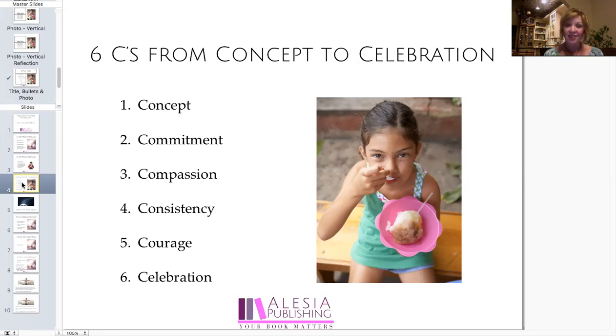And then the next one is consistency. Consistency allows us to do bit by bit by bit, to be consistent every single day and do just a little bit. If you were to write for a half hour every day, you would write your book in a year.